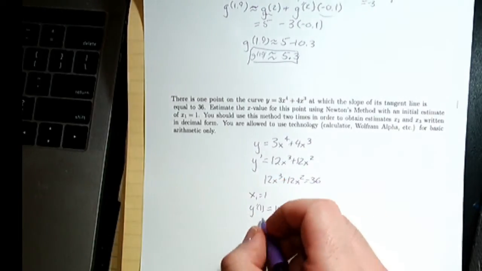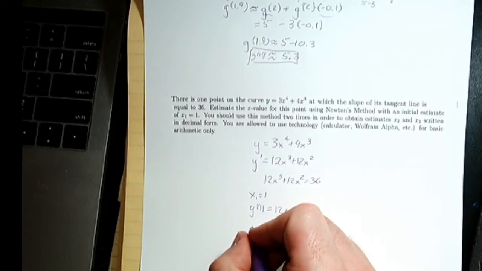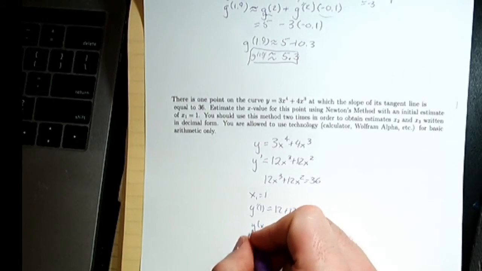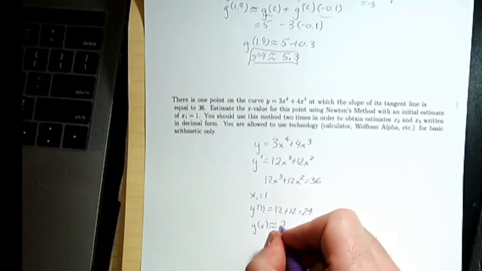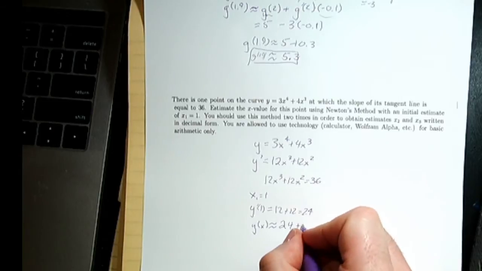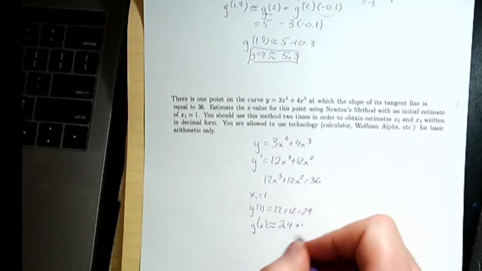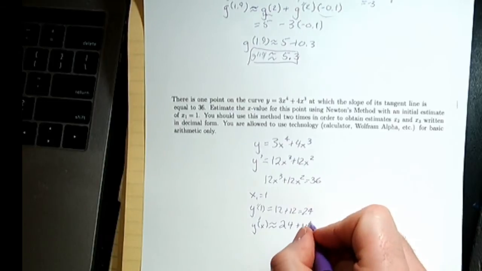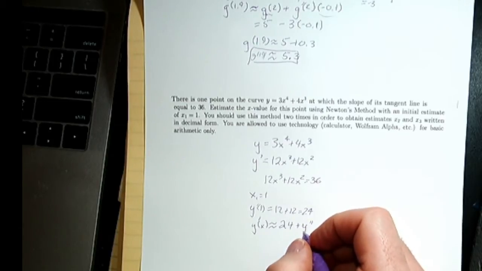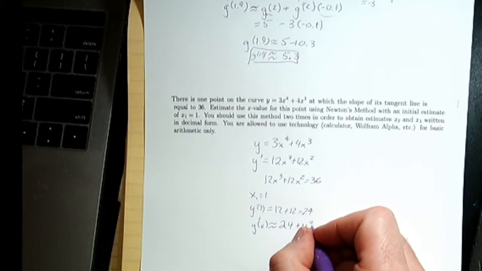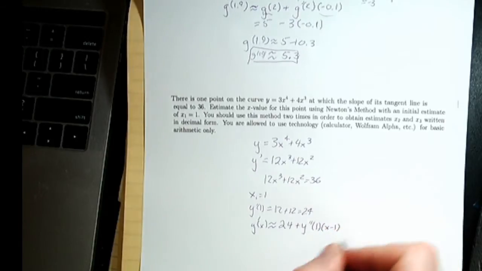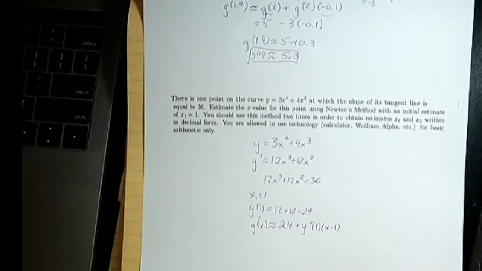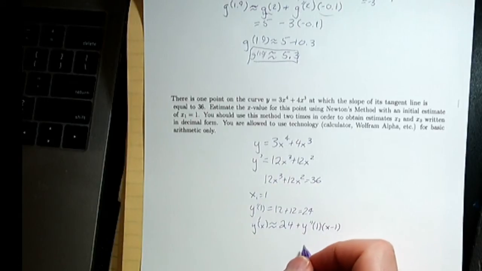Well, at 1, y prime of x, this is our approximation function, I should say, is about equal to 24 plus, and now we need the second derivative here because this is the derivative of the derivative we're interested in, y double prime of 1 times x minus 1. This is what happens around 1.